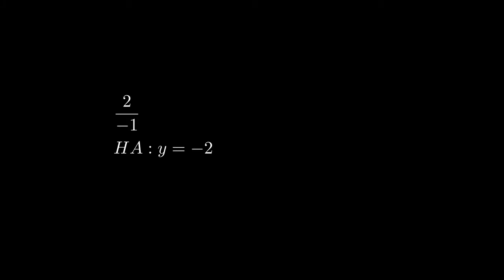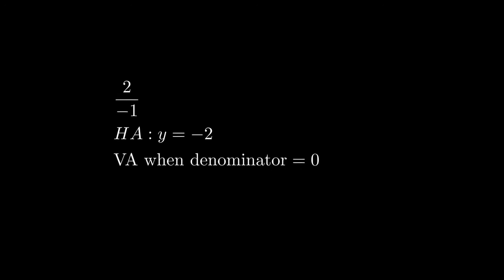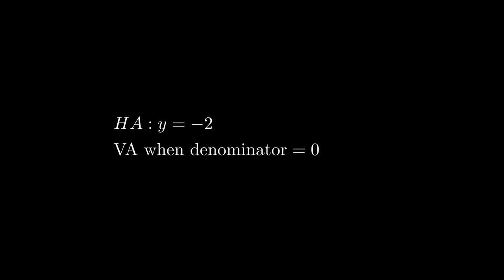The vertical asymptote is actually easier, and that's when the denominator is 0. You cannot divide by 0, so the denominator cannot be 0. So that will be a line that the function can't touch, because at that line the denominator is 0. So it's a vertical line.